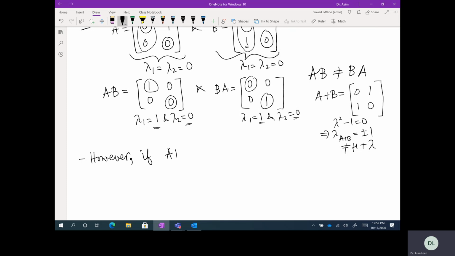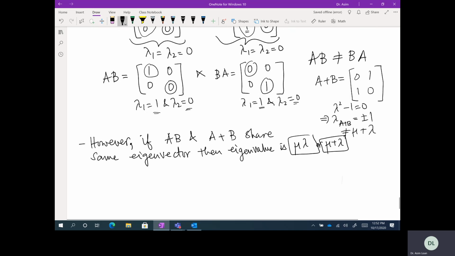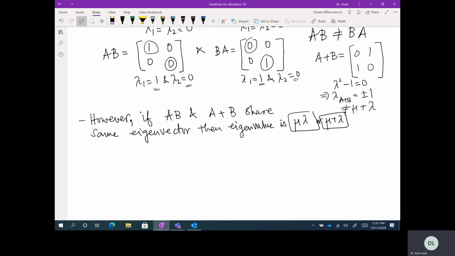However, if A, B and A plus B share the same eigenvectors, then the eigenvalue is mu times lambda or mu plus lambda. This is only if they share the same eigenvectors. If not, then obviously we can't have this.